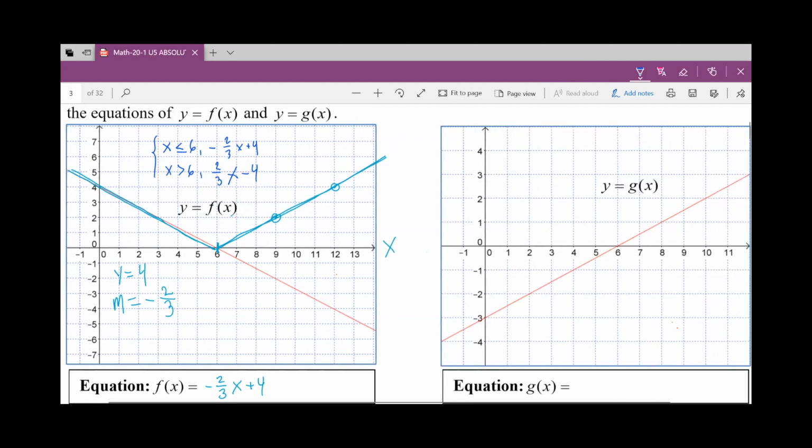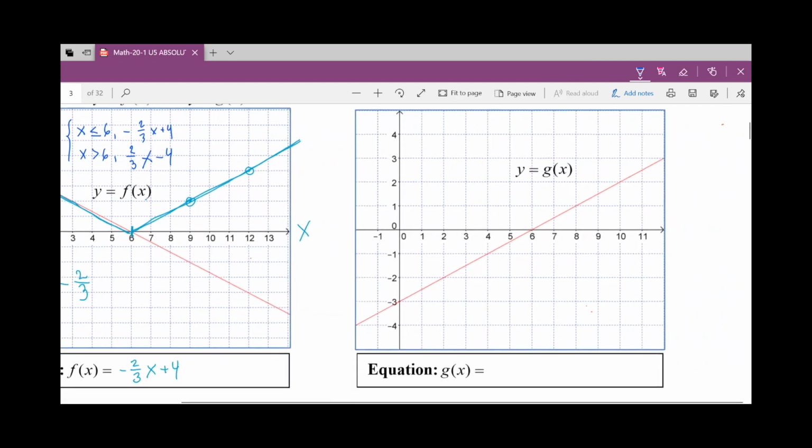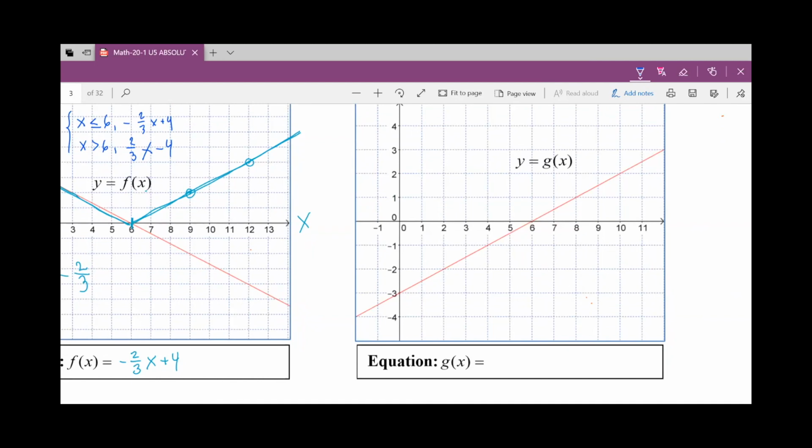So on the right here, we have an example of a question that has a positive slope. And let's see how the piecewise function changes and which x is greater than or equal to. So first of all, we're going to identify x equals 6 as being an important point. So for the piecewise function, a part of the equation for part of the graph is going to be for x greater than or equal to 6.